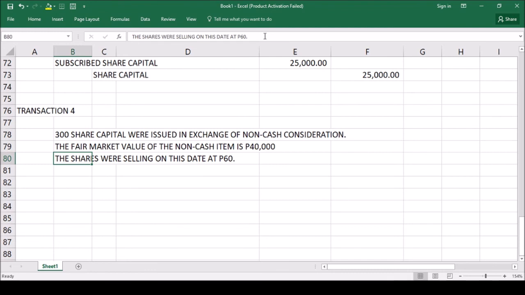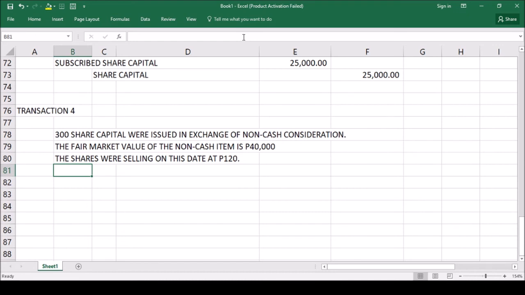And then, the shares were selling at, sabihin natin, 120. Paano po natin i-record, sir? Kasi may par value, may selling price of the share capital on that particular date of issuance. Then, meron din ibinigay na fair market value of the non-cash item.